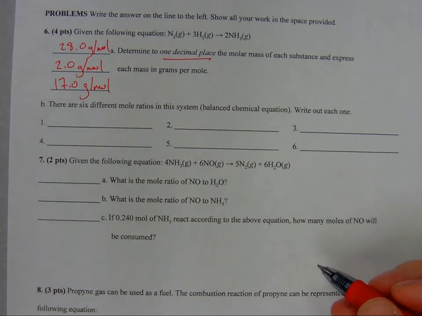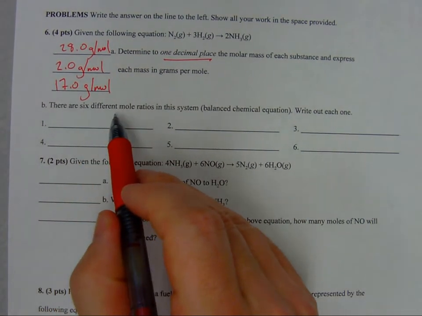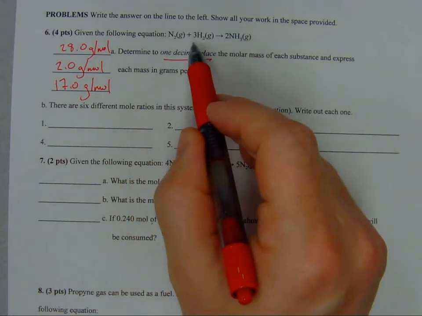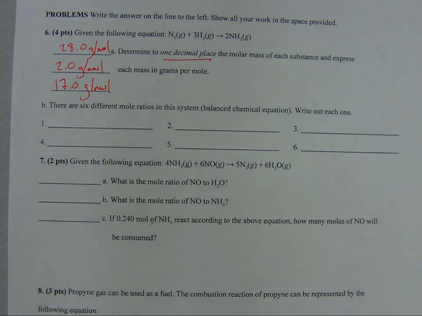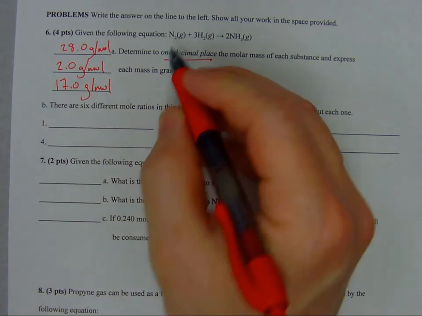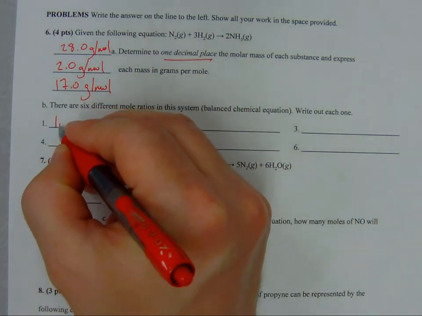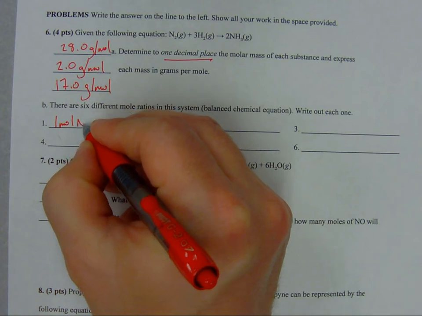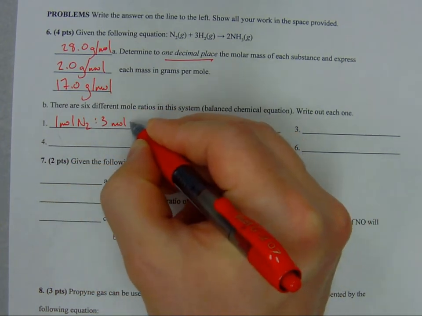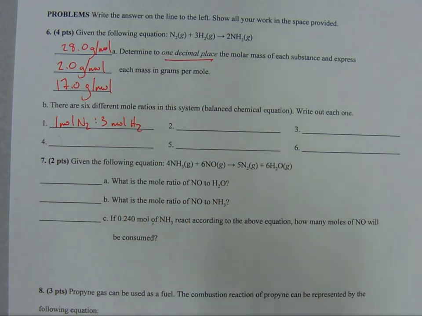Let's move on to B. There are 6 different mole ratios in this system, right? This is referred to as a system, right? This balanced chemical equation. Write out each one. Now I have this ratio of 1 mole N2 to 3 moles H2.